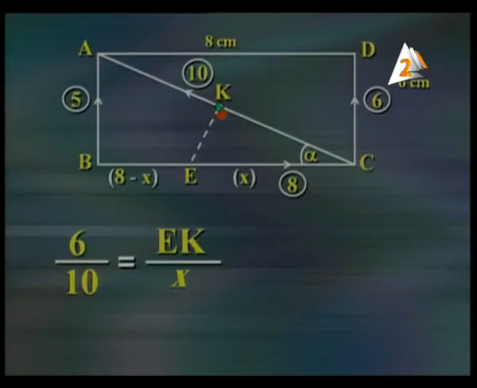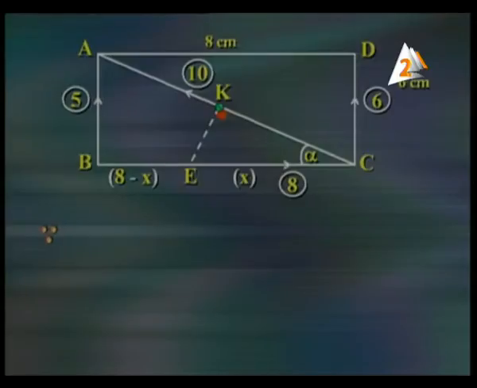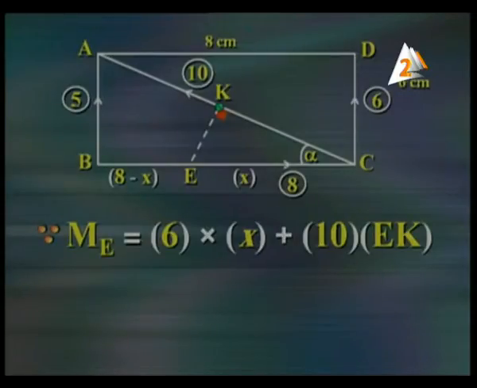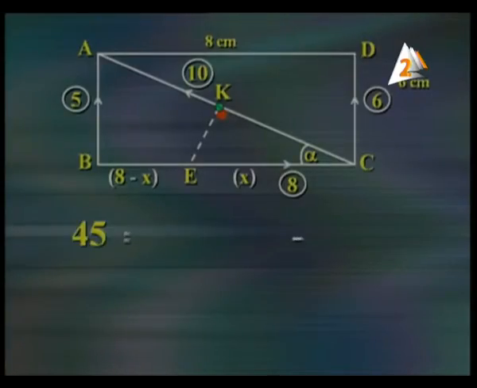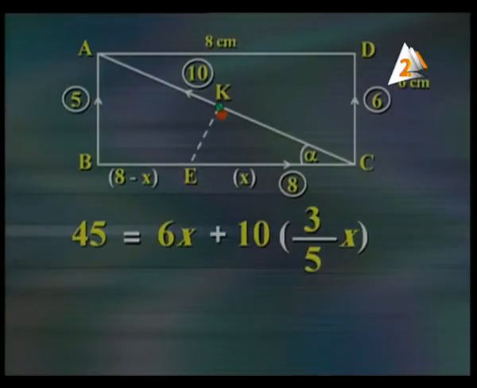And we say, since the moment about point E equals 6 times X plus 10 times EK minus 5 times (8 minus X), so we say 45 equals 6x plus 10 times 3 over 5 x minus 40 plus 5x, or we say 45 plus 40 equals 6x plus 6x plus 5x, or we say 85 equals 17x.